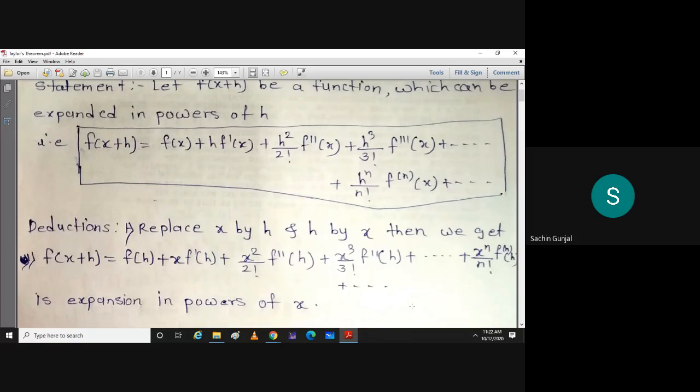Now if h is equal to 0, then you will have f of x is equal to f of 0 plus x into f dash 0 plus x square by 2 factorial f double dash at 0, and so on. And what is this?